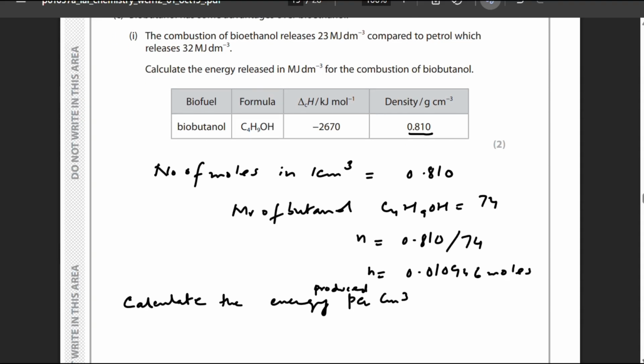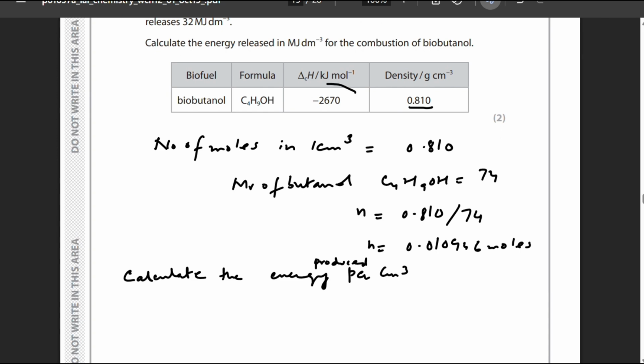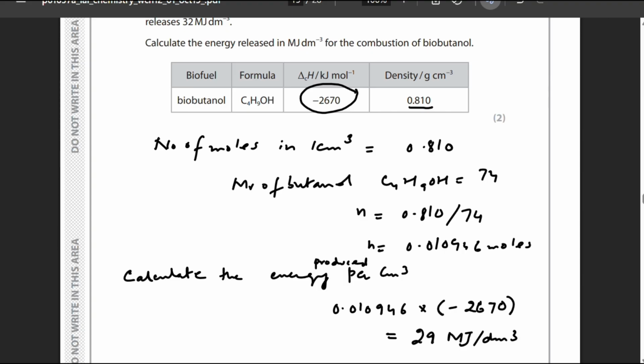So you need to multiply the number of moles by the enthalpy change of combustion of 1 mole of butanol, that is minus 2670. So you will have value 29. So this is the answer.